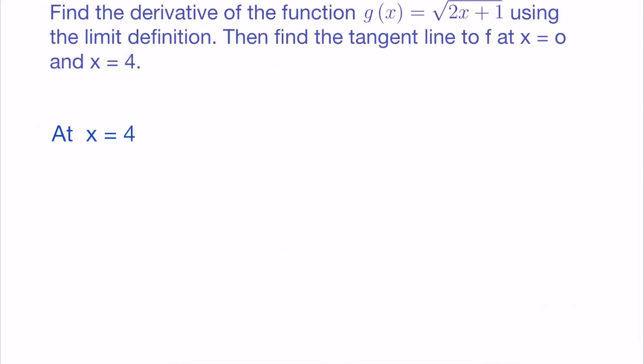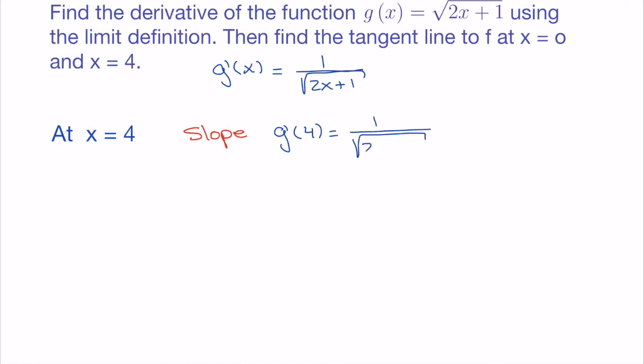To finalize the problem, we want to find the tangent line, but now at x equals 4. Again, we know that our derivative is 1 over square root of 2x plus 1. To find the slope of the tangent line, we evaluate the derivative at 4. So that's 1 over square root of 2 times 4 plus 1, which is 1 over square root of 9, which is 1/3.